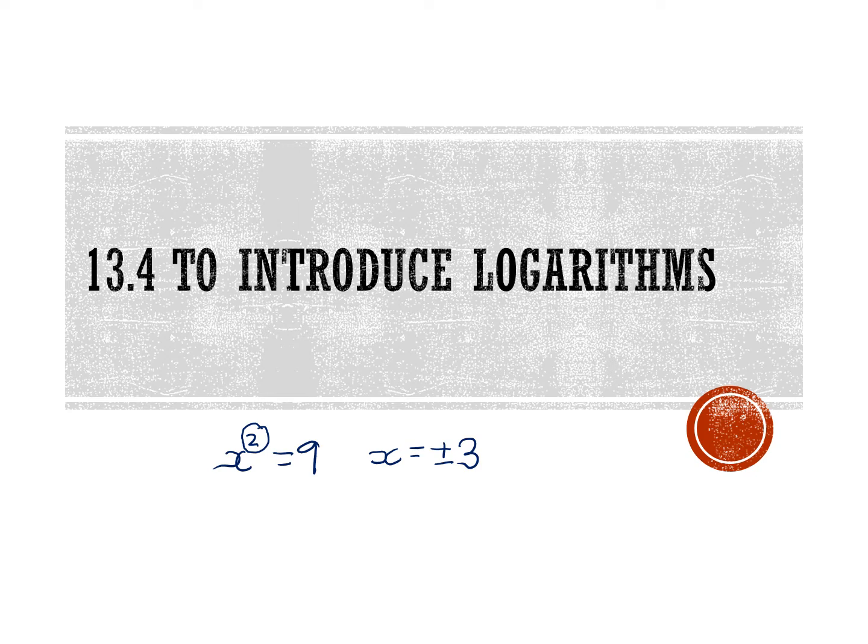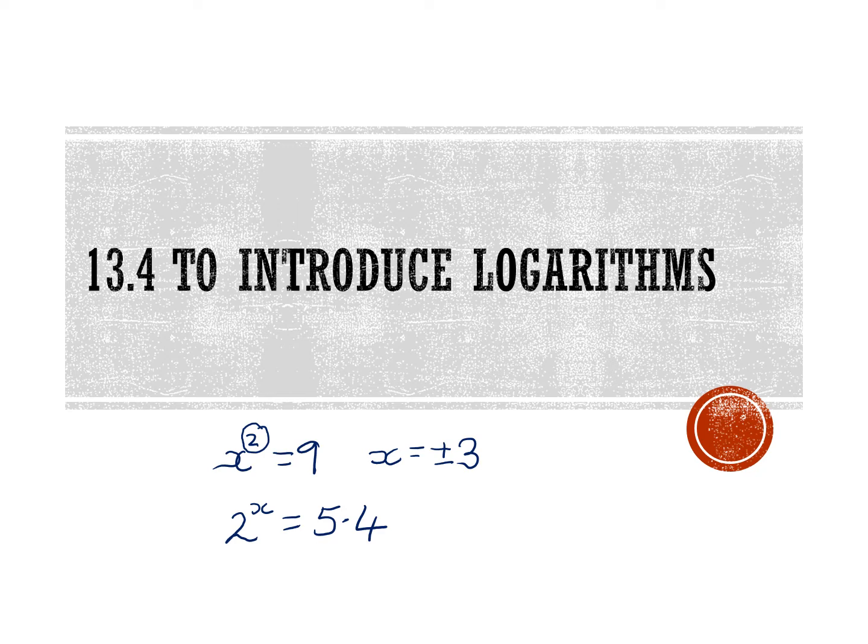Okay, now let's have a look at an exponential equation. If I have 2 to the power x equals, say, 5.4, so not a nice number, not something like 8 where you know x would be 3. How can I solve that in the same way as the first equation?